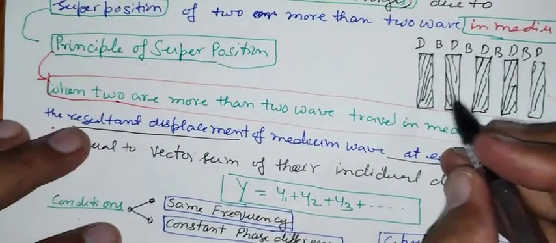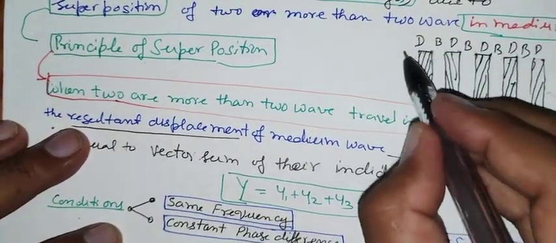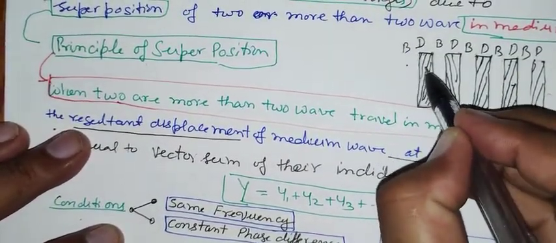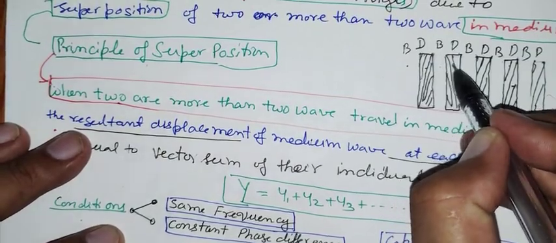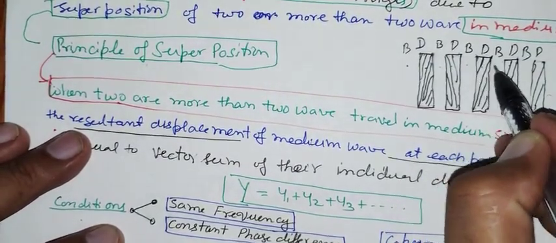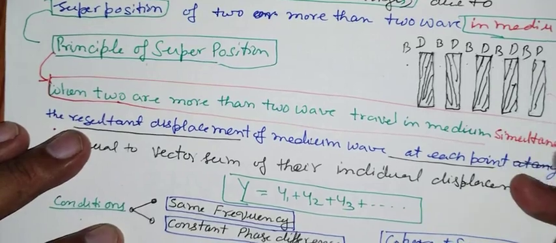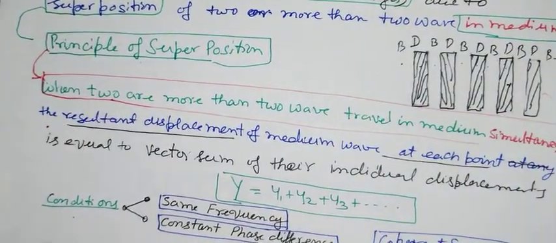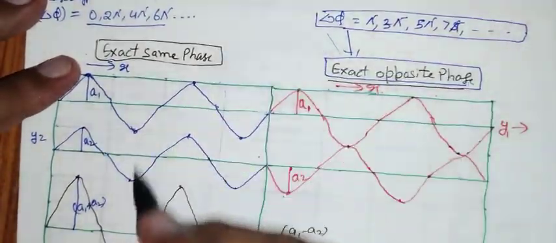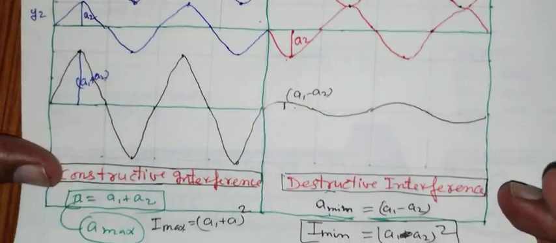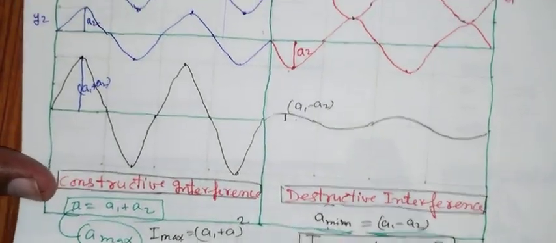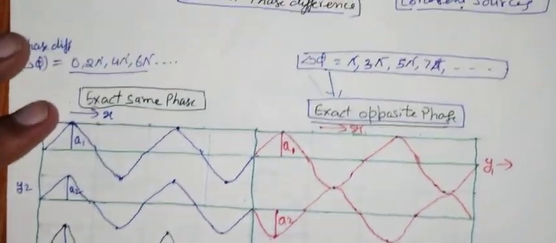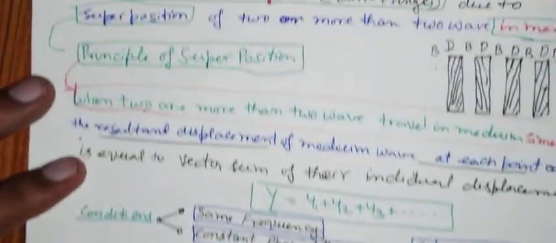As a result, alternate bright, dark, bright, dark, and so on. The fringes are formed by this position. So I hope you are able to understand the qualitative meaning of interference.